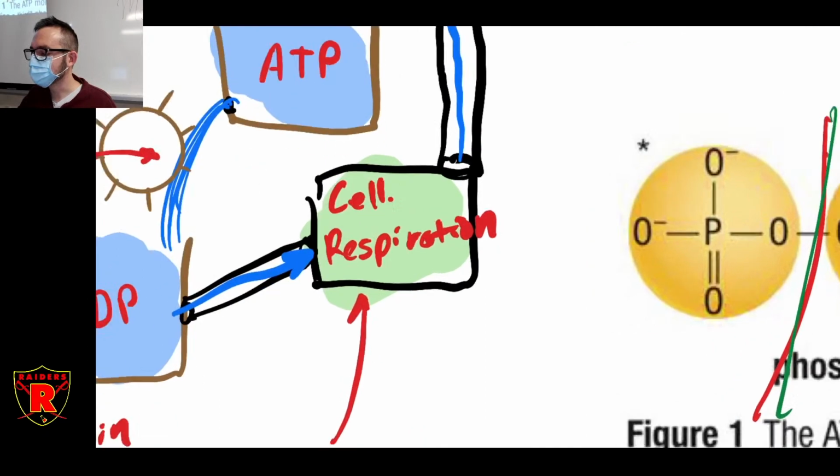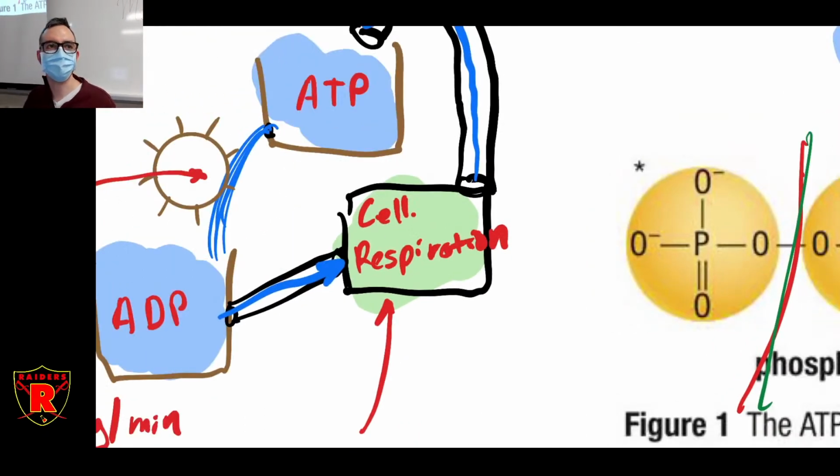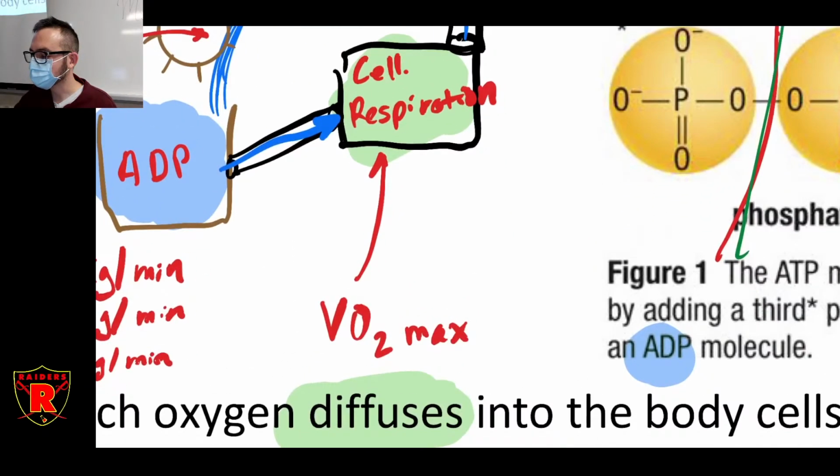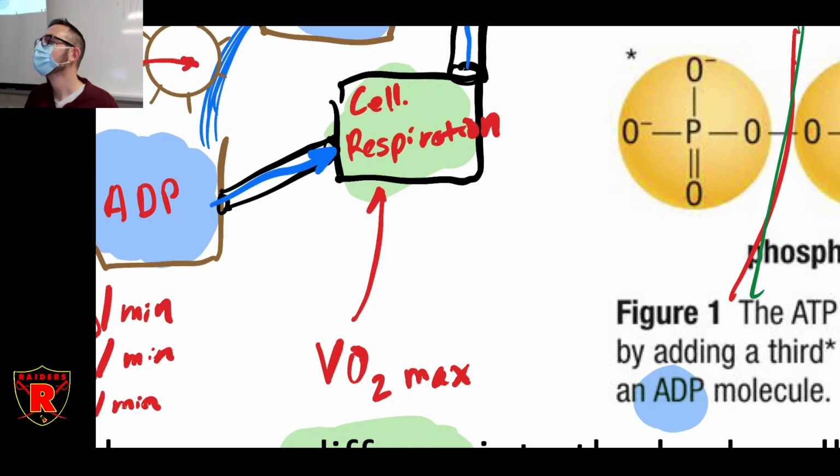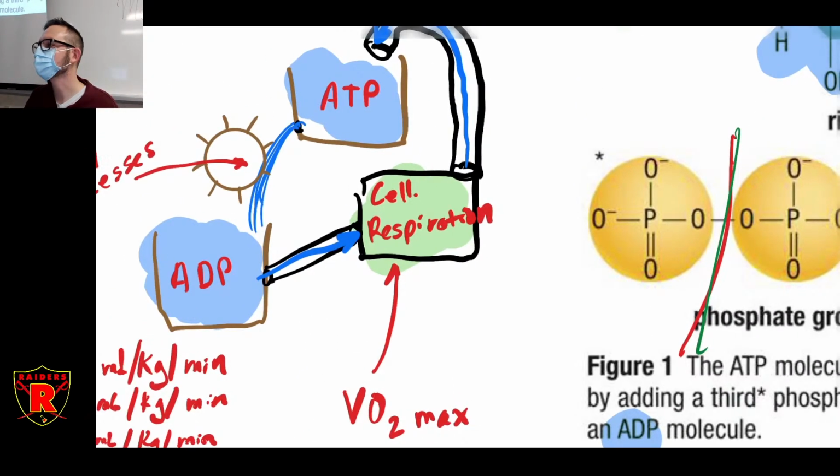So the size of this pump, how big the pump is in your body, is what's known as your VO2 max. That's your capacity to refill your ATP storage. And a whole bunch of different things contribute to your VO2 max. VO2 max just means volume of oxygen max, your maximum volume of oxygen that you can transport in your body.